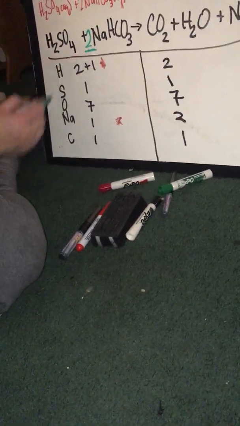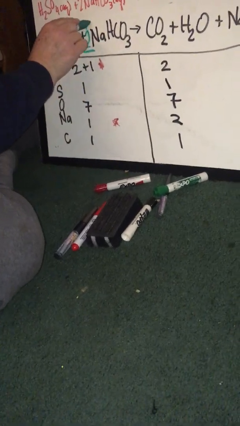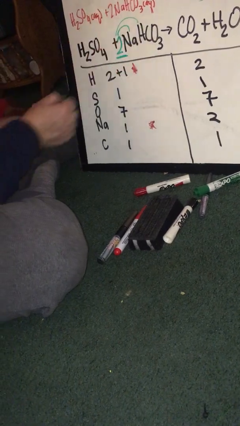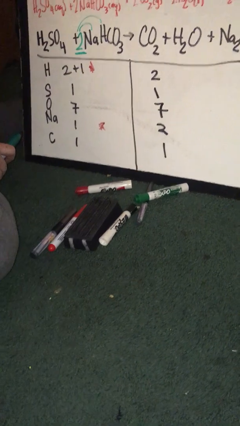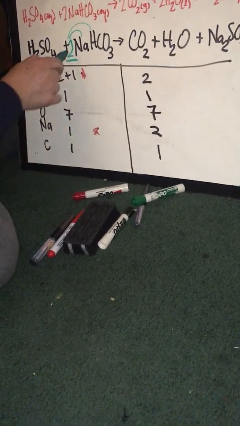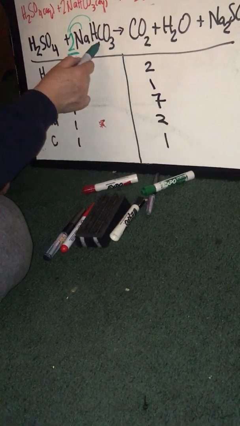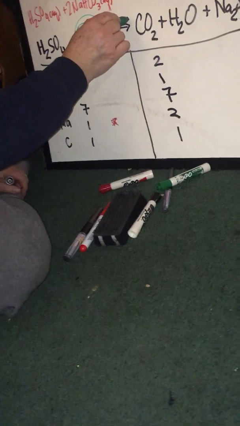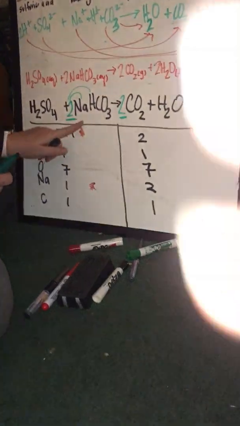By putting that 2 in front, it's the distributive property, so I'm going to multiply the 2 times the sodium, times the hydrogen, times the carbon and times the oxygen. So that's going to be 2 times all of that, which means I got 2 of all this other stuff, so I'm going to go on the right side over here and 2 times the carbon, which was balanced, and I'm going to put a 2 in front of it. Okay, so now I got 2 of the carbons taken care of.